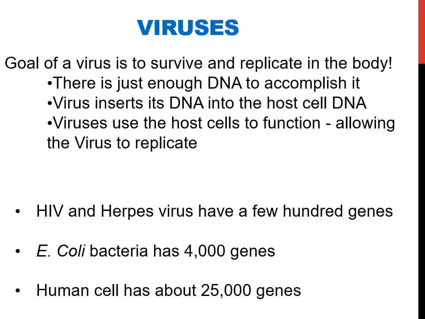Okay, so you can see that there's significant differences between viruses and how hard they can be to treat, because really they're within your cells compared to bacteria that don't try to get into your cells. They just cause direct invasion with their own cells.